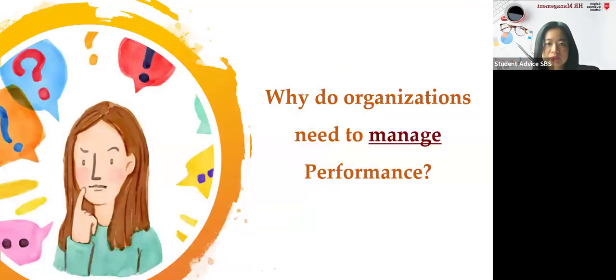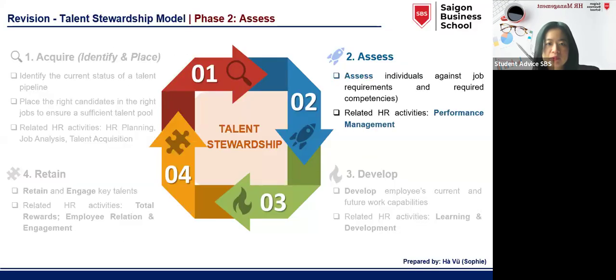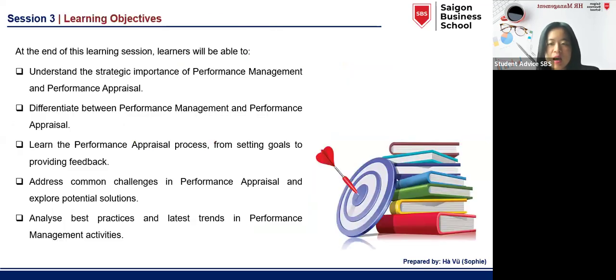In this session, we come to the second phase of this model, assess, and the detailed operation scheme with this phase related function, performance management. By the end of this session, you will be able to firstly understand the strategic role as well as distinguish between performance management and performance appraisal.